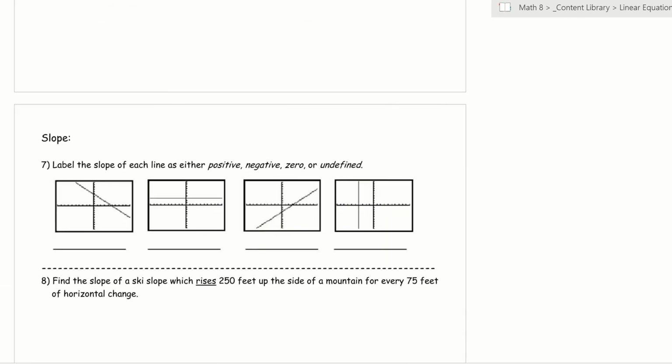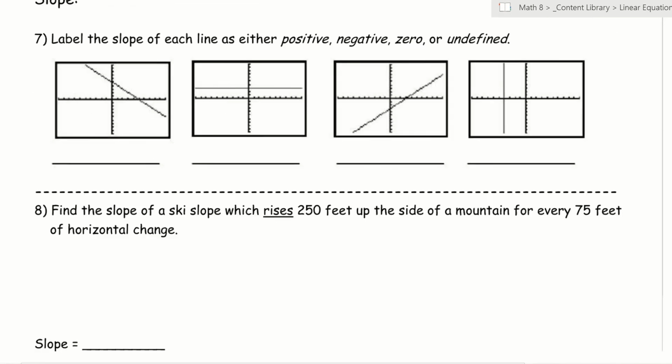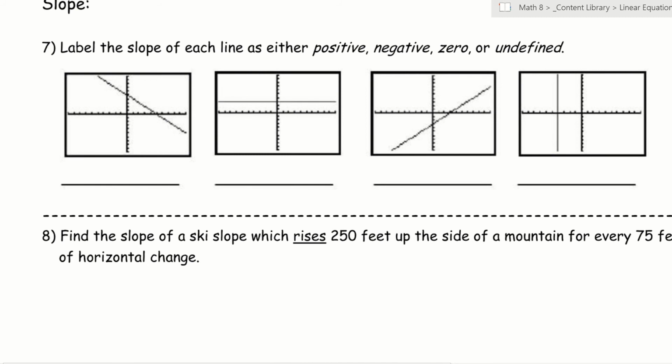Alright, now we're going to label these. Label the slope of each line as positive, negative, 0, or undefined. Our slope dude going down this way is saying nice, negative. When he's going horizontally, he's having 0 fun.